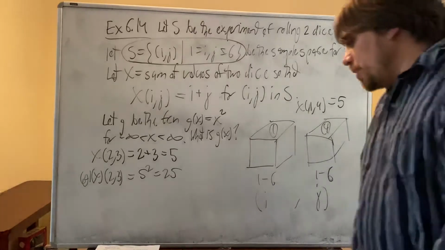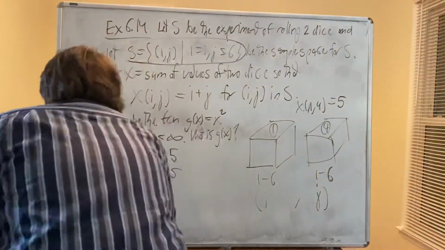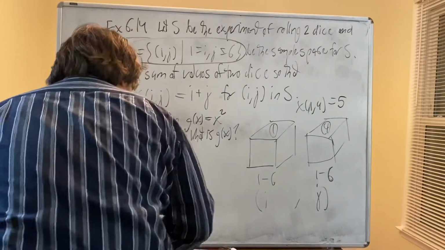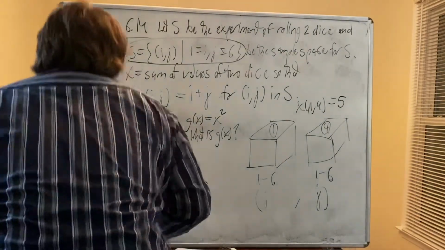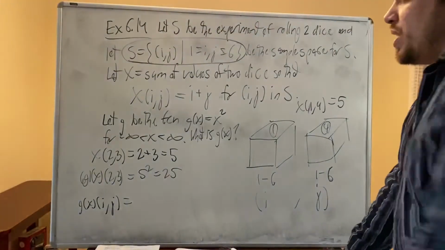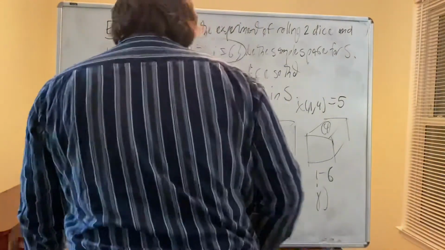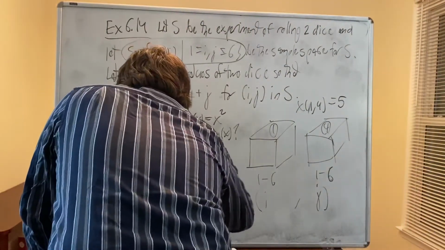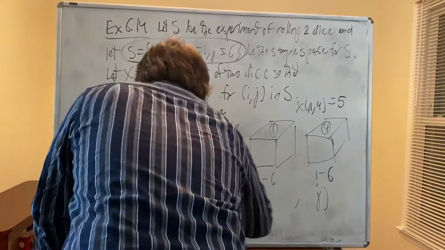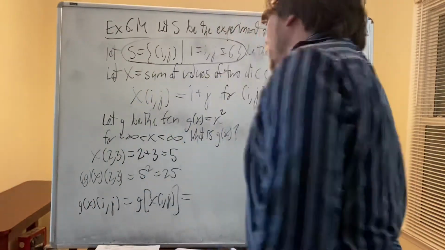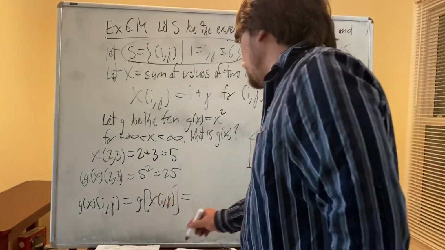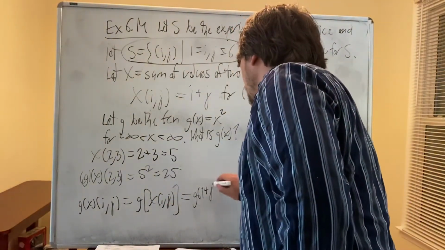But in general, you can define your function g of x of i comma j for an arbitrary sample point i comma j in the sample space capital S as being g of x of i comma j. And what that does is, remember, x of i comma j is i plus j, so this is g of i plus j.